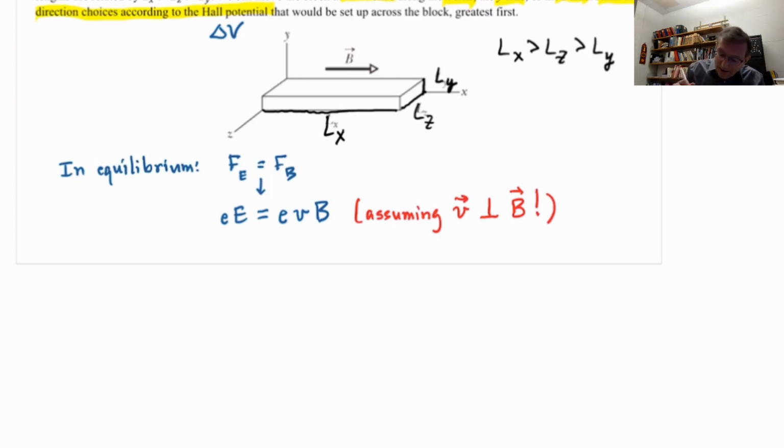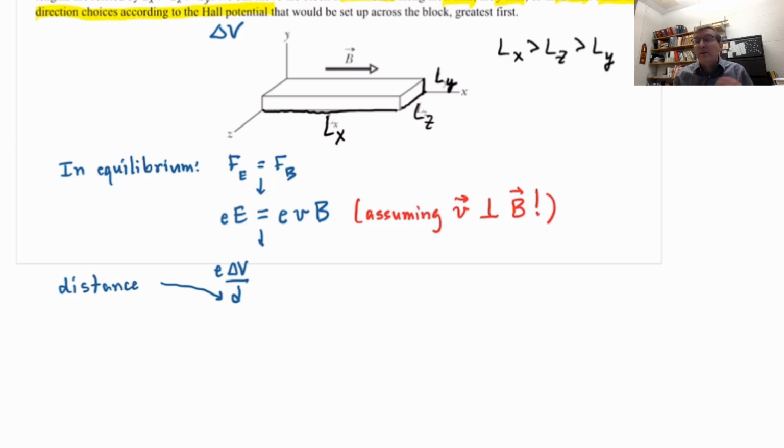All right, then if this is what is happening and we reach equilibrium, we'll have an electric field created within the body of the conductor. That will have associated with it a potential difference. That will be delta V, and E will equal delta V over some appropriate distance here. I call it d, but we're going to have to be clear about what that distance is for the conductor we've got here.